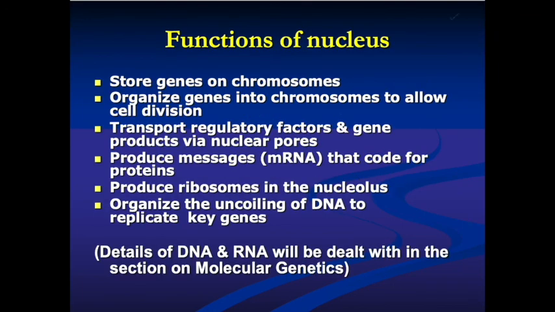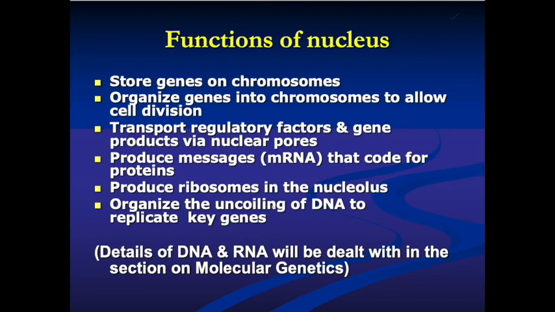Right, functions of the nucleus: store genes on the chromosome, organize genes into chromosomes to allow cell division, transport regulatory factors and gene products via nuclear pores, produce mRNA that codes for the protein, produce ribosomes in the nucleolus. You have seen this before.